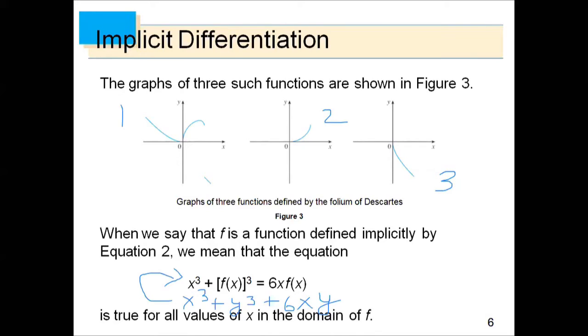From this equation, I'll write this: x cubed plus f(x) cubed equals 6x f(x). Wherever I see y, I have replaced that y with f(x). Now, what is the use of replacing that y with f(x)? All right, let's check that.